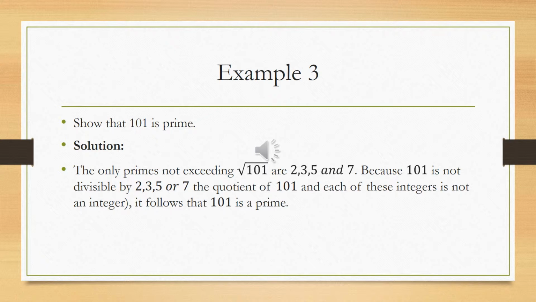The only primes not exceeding the square root of 101 are 2, 3, 5, and 7, because 101 is not divisible by 2, 3, 5, or 7. The quotient of 101 and each of these integers is not an integer. It follows that 101 is a prime.